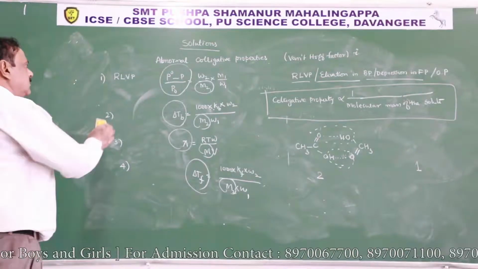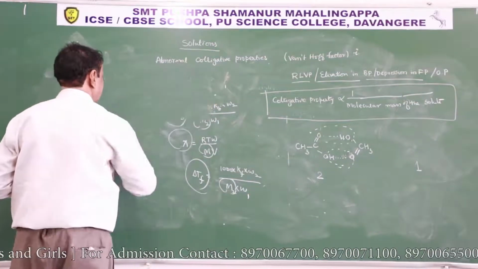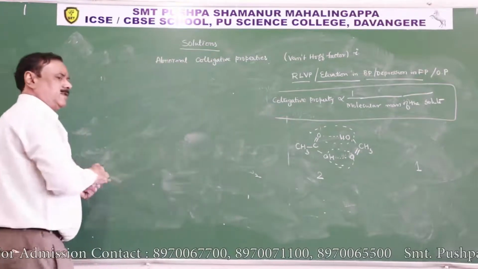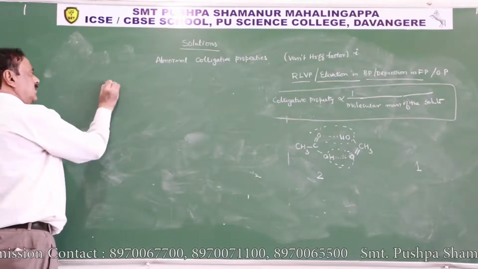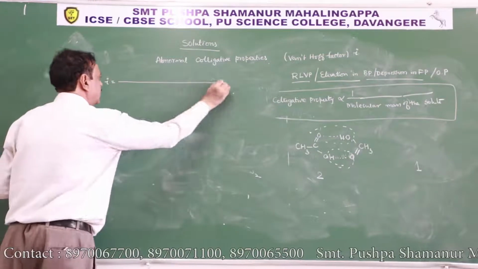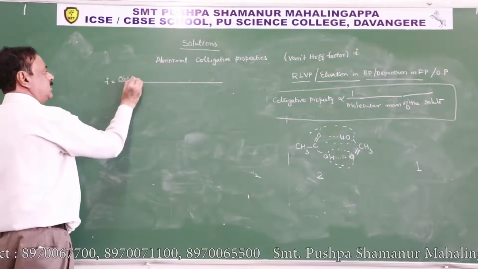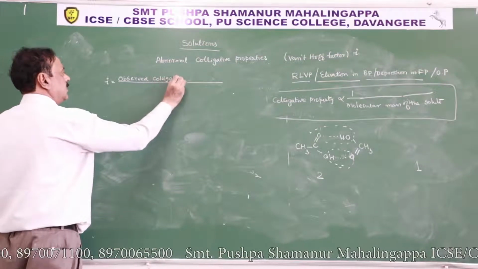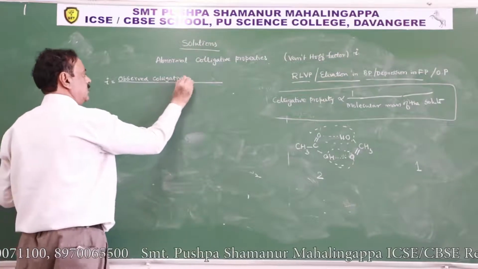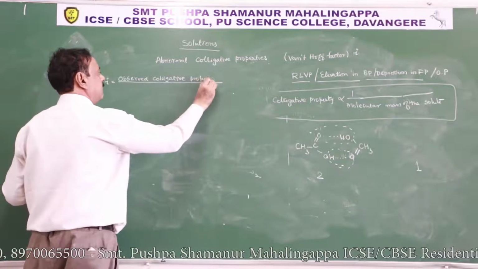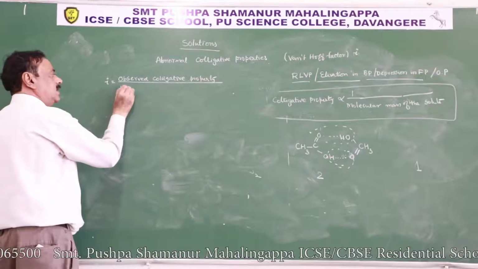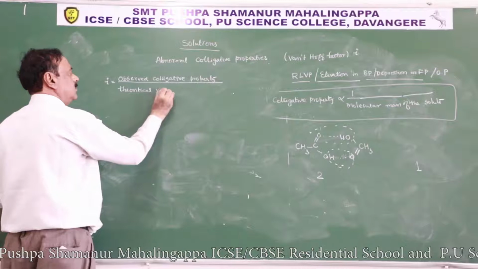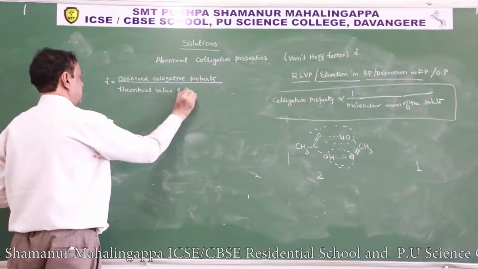Now, the i factor is given by the ratio of the observed colligative property divided by the theoretical value of the colligative property.